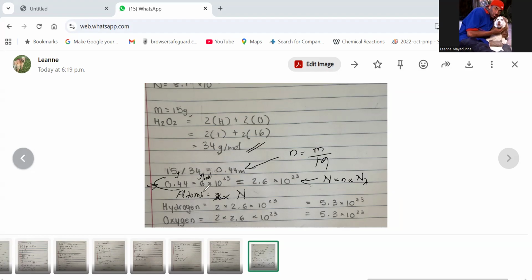Here it should be hydrogen atoms. Here it should be oxygen atoms. So that clarifies that, whatever you have done.